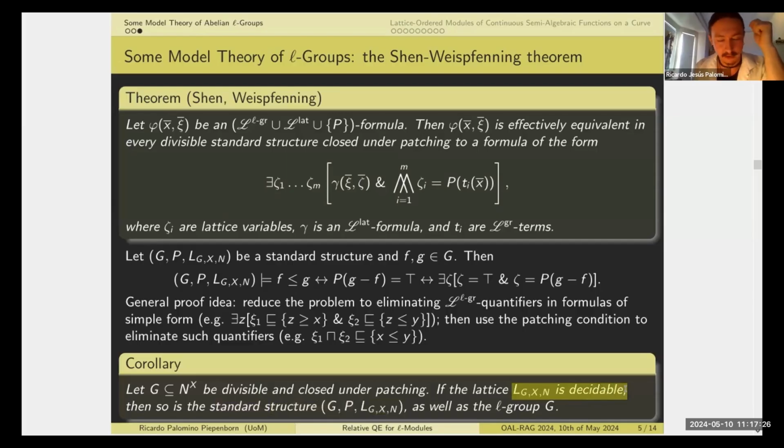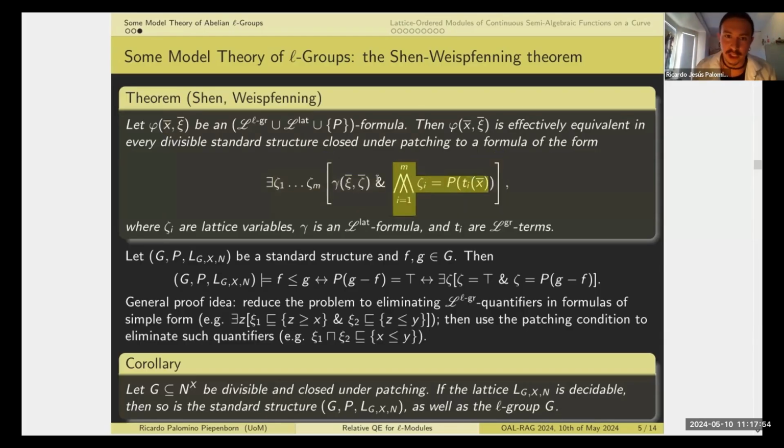Okay, and what if the lattice of zero sets is decidable? Well, I will give you now the sketch of the decision procedure. So I pick any sentence in the language of standard structures. So in particular, it will have no free variables whatsoever. There's no X bar if I give you a sentence. By the Weispfenning theorem, I can translate this sentence in every divisible standard structure closed under patching into a sentence of this following form. But if I start with a sentence, I have no free variables.